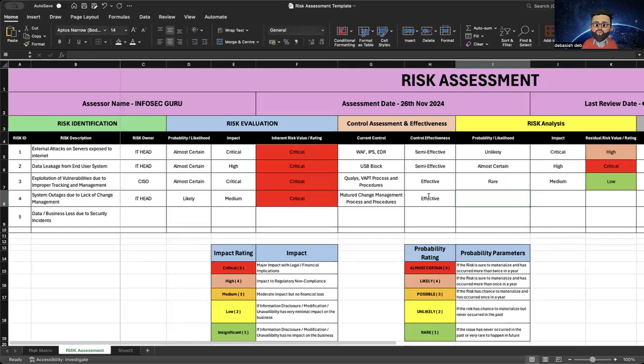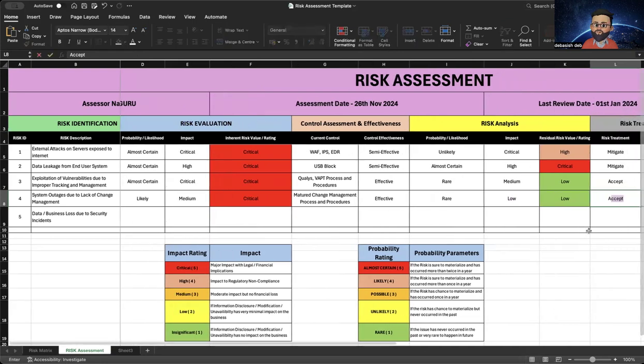After applying this process, what is the probability? It is very rare because we have multiple controls to manage the change. We may have a rollback process also under this change management process, where if anything goes wrong, we'll go ahead and quickly roll back. Okay, what is the impact? Low. Now low into rare is again low. We'll go ahead and accept it. Okay, fine.